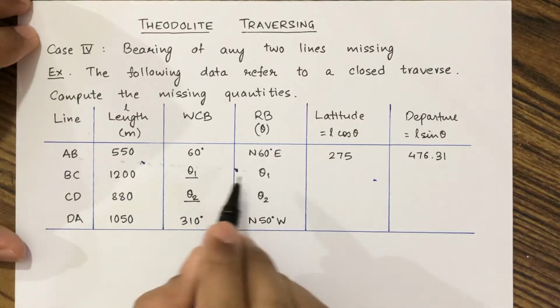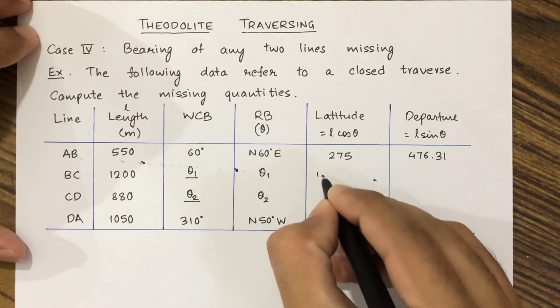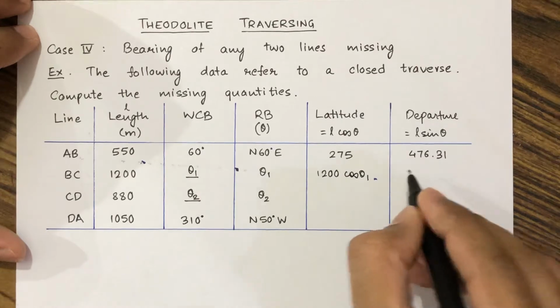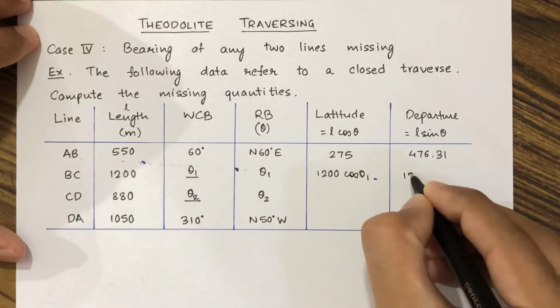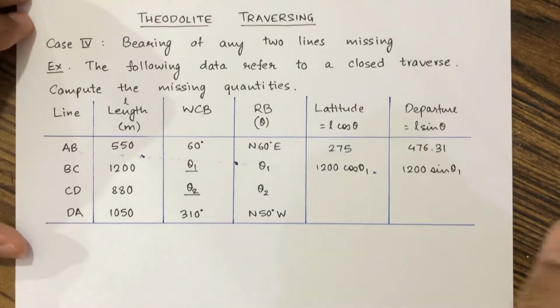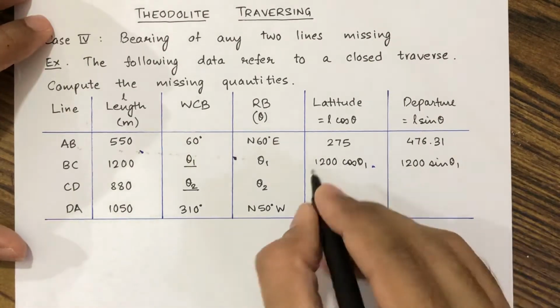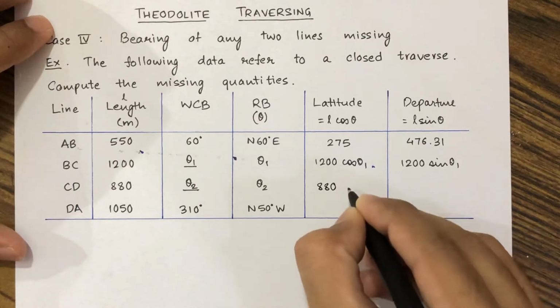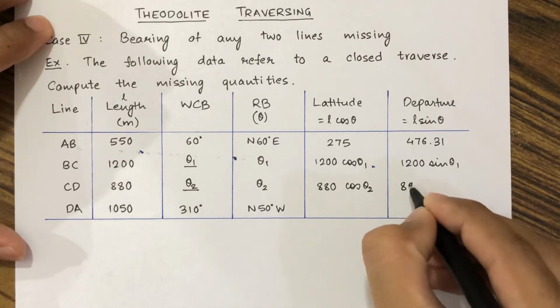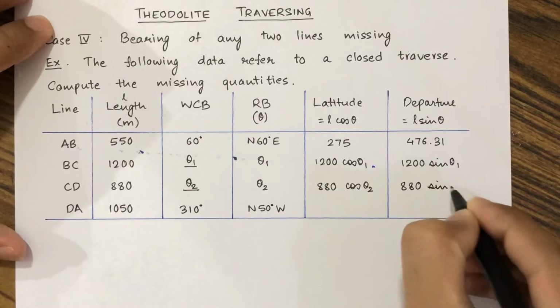Similarly, 1200 cos theta 1, and here it will be 1200 sin theta 1. Next, it will be 880 cos theta 2, and here 880 sin theta 2.